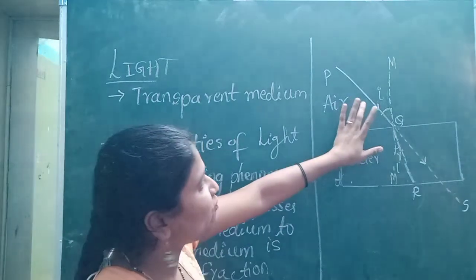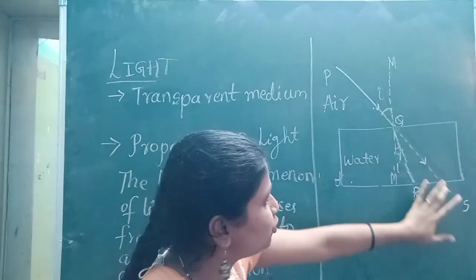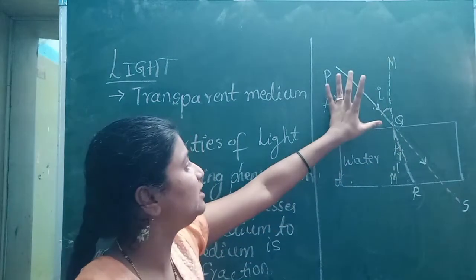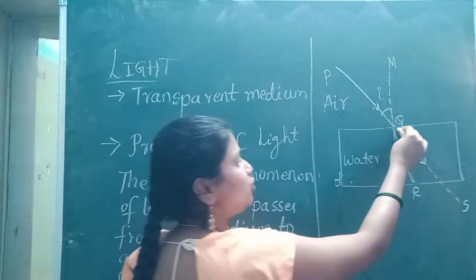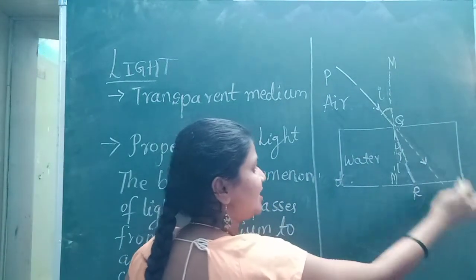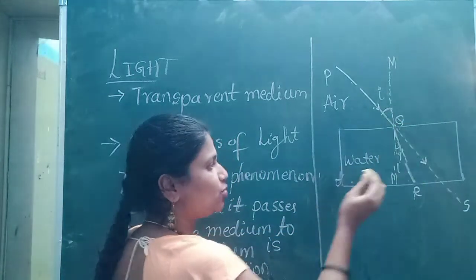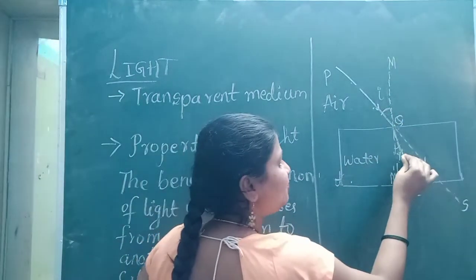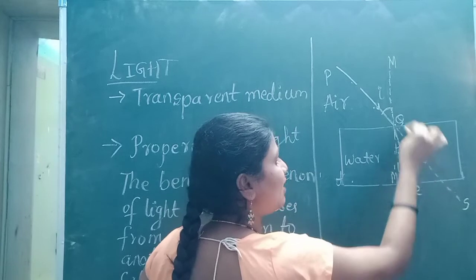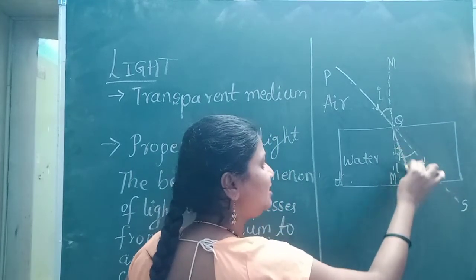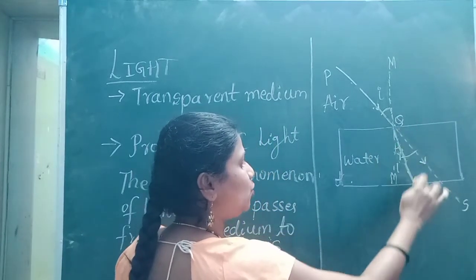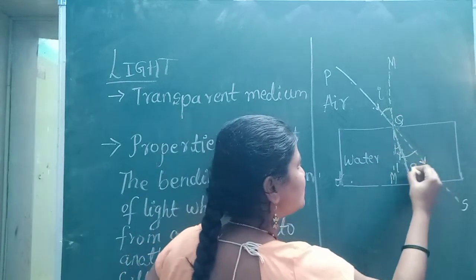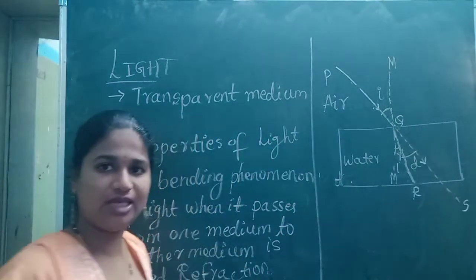So instead of following this path, PQS, which is the actual path PQ should follow, it followed the PQR path. So this is the difference. The difference between the actual path of the incident light, QS, and the refracted ray QR is called the angle of deviation.